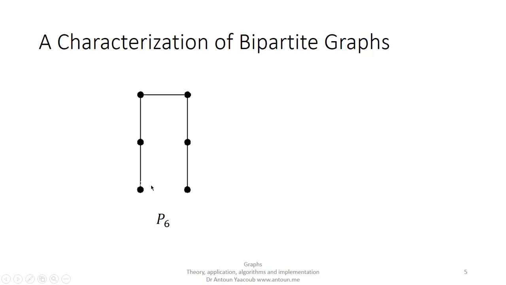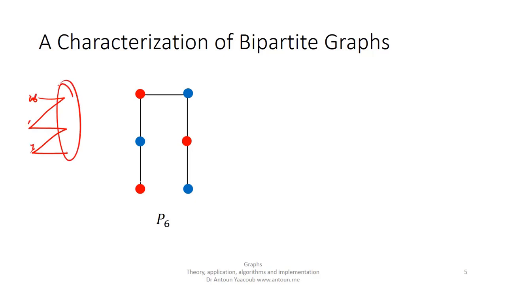The vertices can be colored red and blue, one red, one blue, and we can alternate that. So the partitions, each partition contains three vertices. The red would be considered V1 and the blue V2. So I can redraw this like this: these are the red ones, and those are the blue ones.